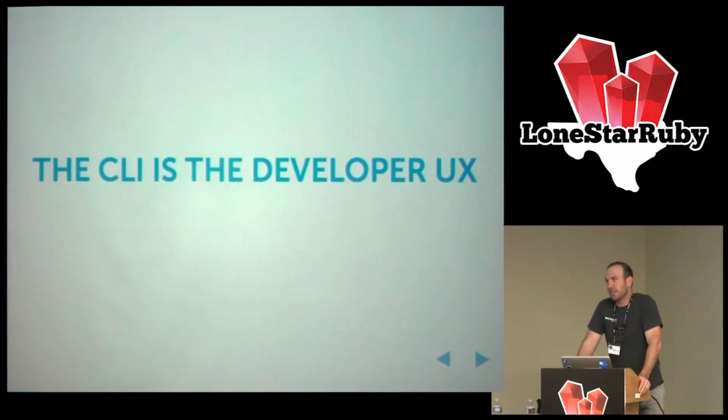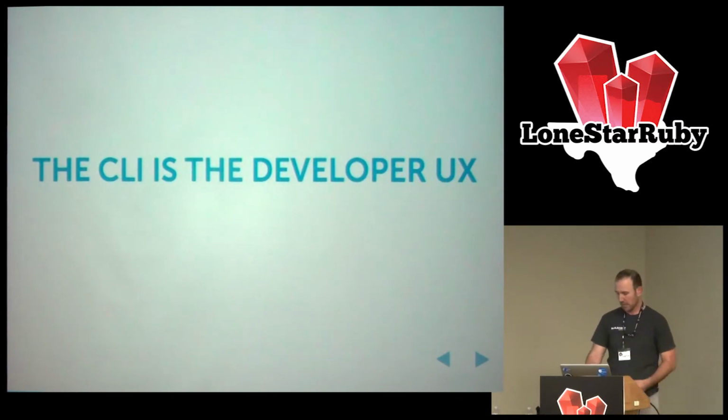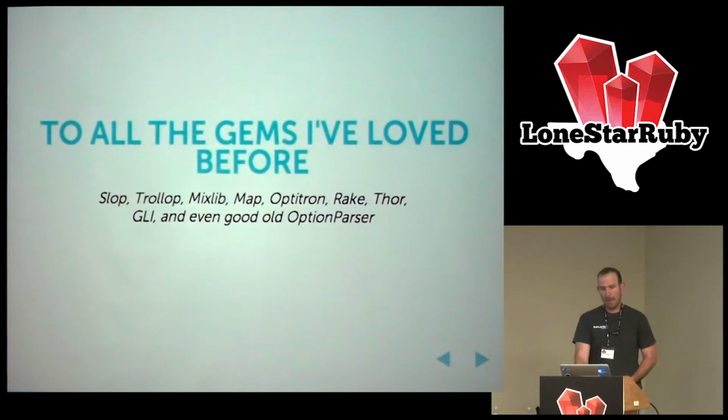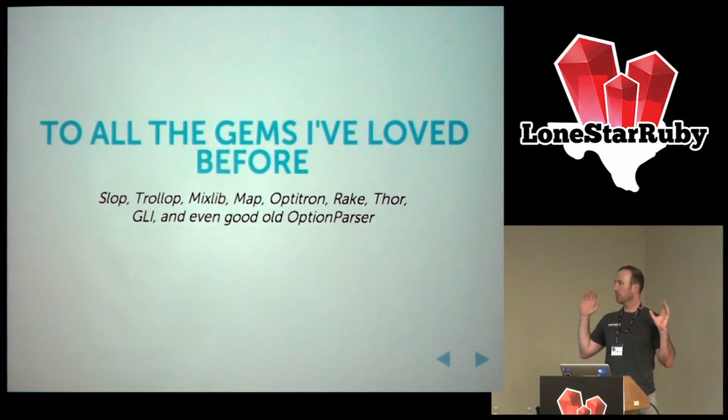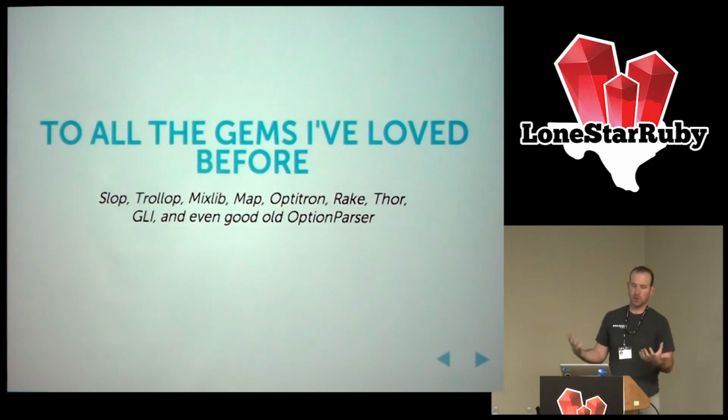So as a company that focuses on crafting human experiences, the developer experience is something that's very, very important to us. And it's why we take CLI tools very, very seriously and why we end up writing quite a few of them. And the space is very crowded for option parsing tools.